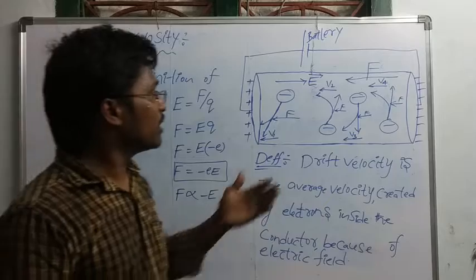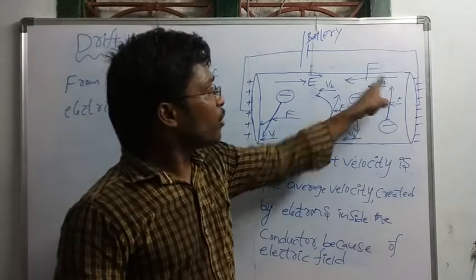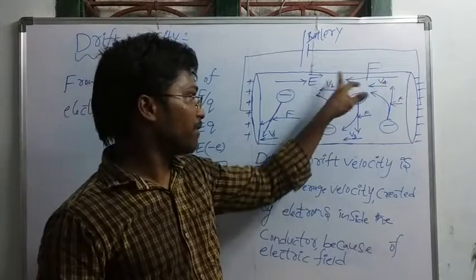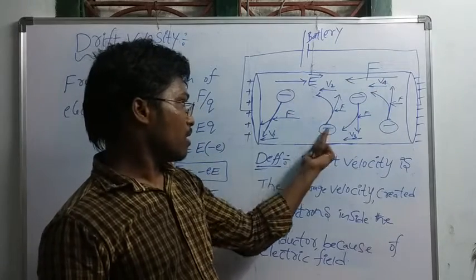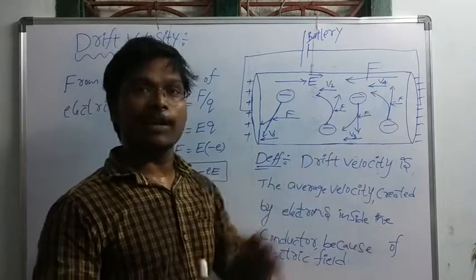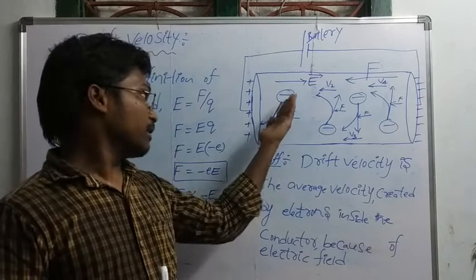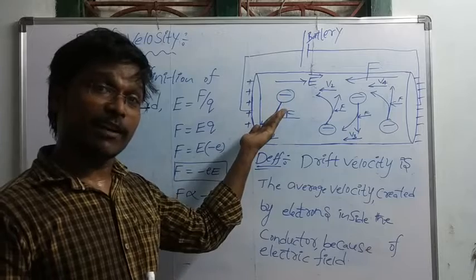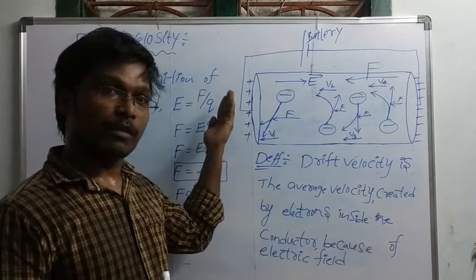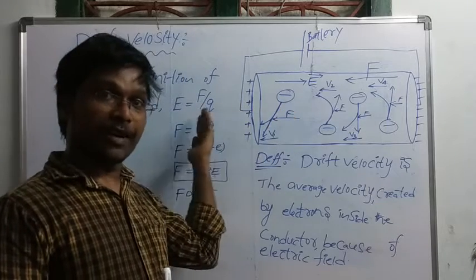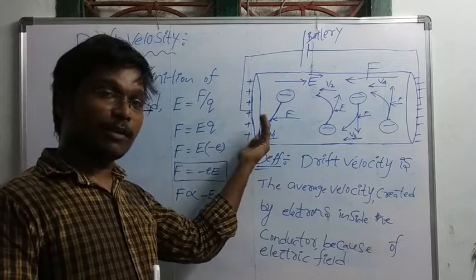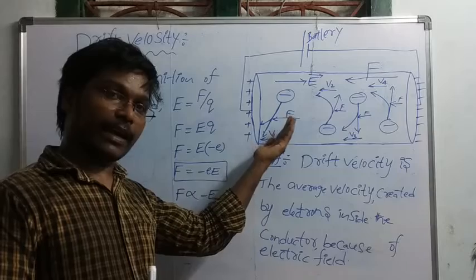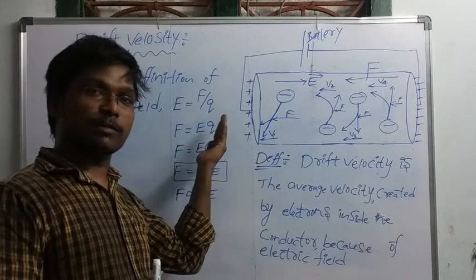Simply, when the force F is acting on these electrons, what happens? The direction of the electrons is drifted, and these electrons are in motion. After changing direction, again these electrons are in motion only, not in rest position, correct?